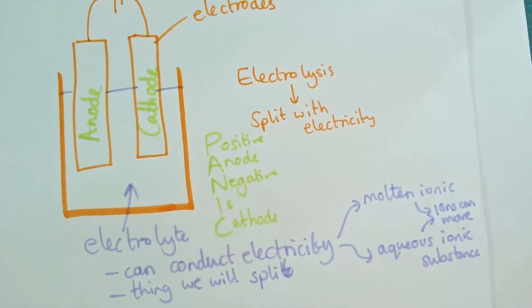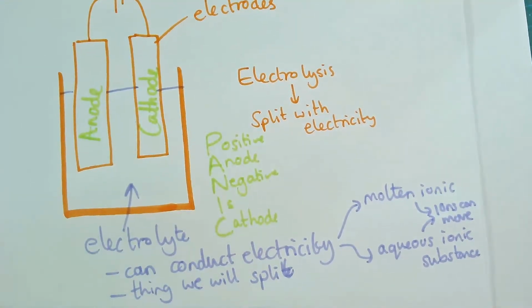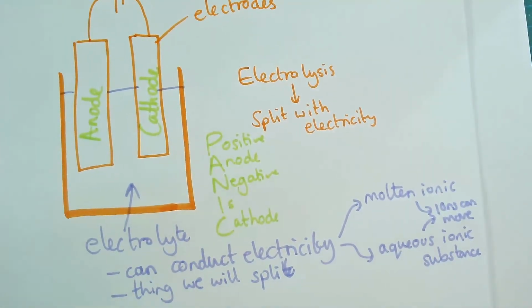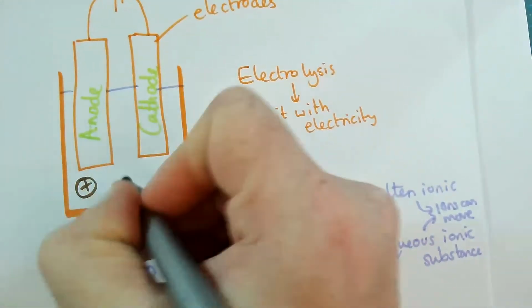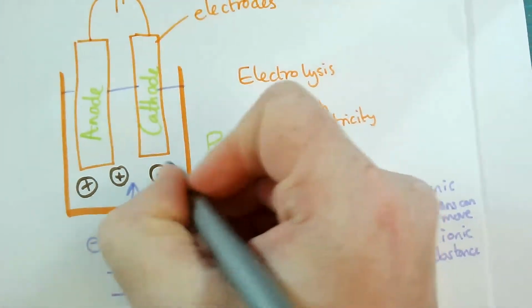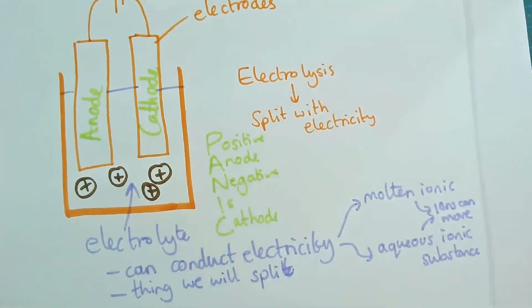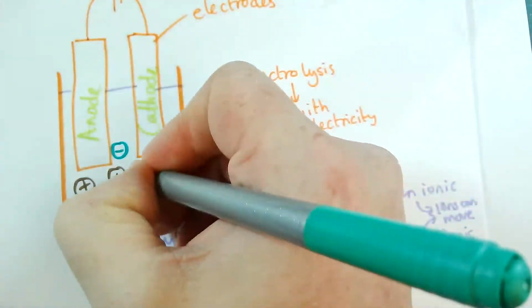Okay, so in both of those situations, the ions can move. So in here, I've got a load of positive ions, and I've got a load of negative ions.